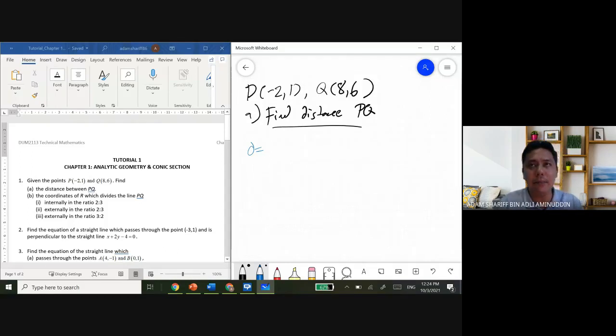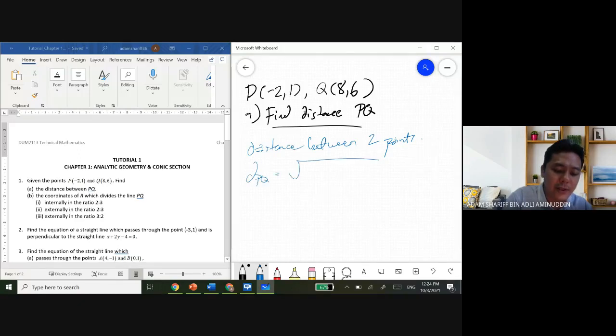Dia banyak, dia ada point dengan point, point dengan line, lepas ni lah kan. Tetapi right now is the distance between 2 points. So you ought to remember the formula for the distance of PQ, which is the square root of the difference between x1 and x2 squared plus y1 minus y2 squared.